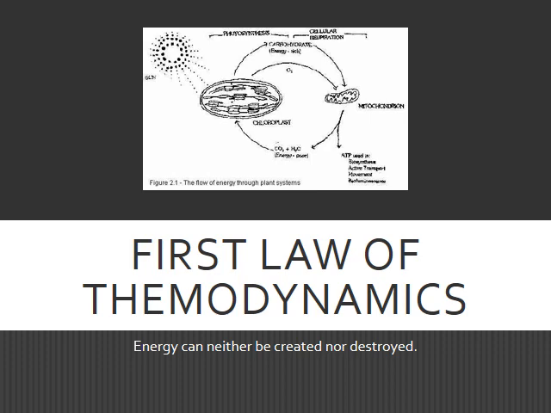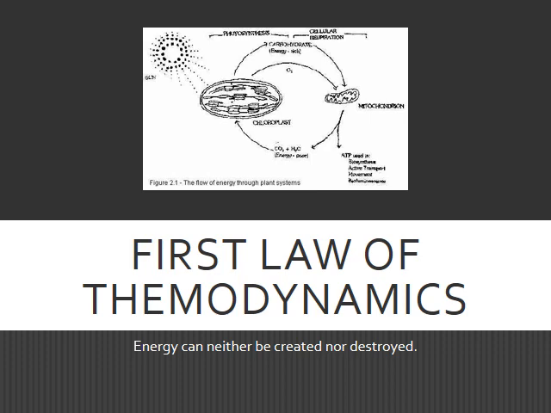Now, what kind of reaction is that for building this molecule? Anabolic. It's building a molecule. Now we're going to take that sugar, and it gets transported over to the mitochondrion. What does the mitochondrion do? It's the site of aerobic cellular respiration, which means it's going to take that sugar, using some oxygen, and break it. All right, so we've got potential energy in the bonds of glucose now being released as kinetic energy.